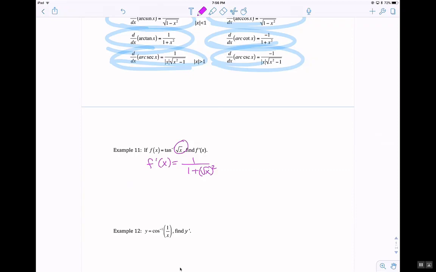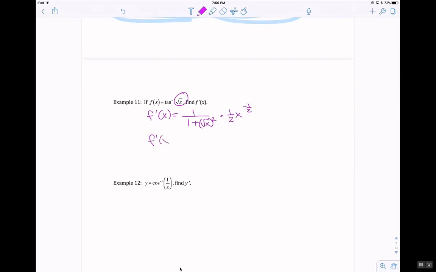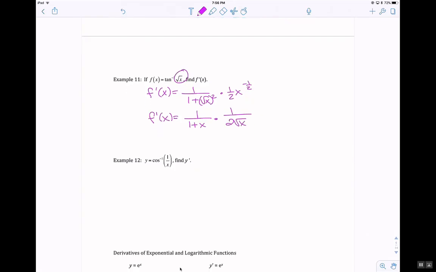Because that is inside of the arctangent, this is a chain rule. So multiply by 1/2 x to the negative 1/2. So f prime of x is 1 over 1 plus x times 1 over 2 root x. So f prime of x is 1 over 2 root x times (1 plus x).